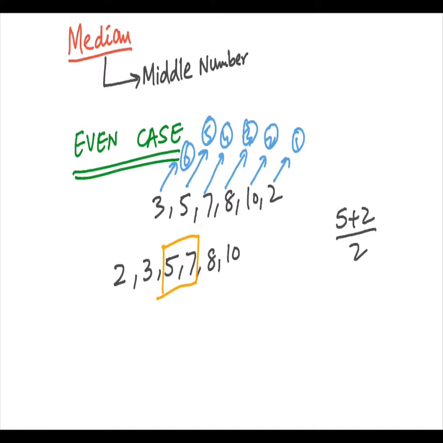Basically, you find the mean of those 2 numbers. So you add up those 2 quantities. How many quantities do you have? 2, so divide by 2. So 5 plus 7 is 12, 12 over 2 is equal to 6. Hmm, the speaker says 3.5: so 3.5 is the median in the case of an even set of numbers.